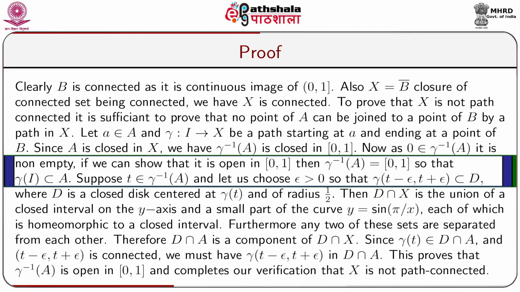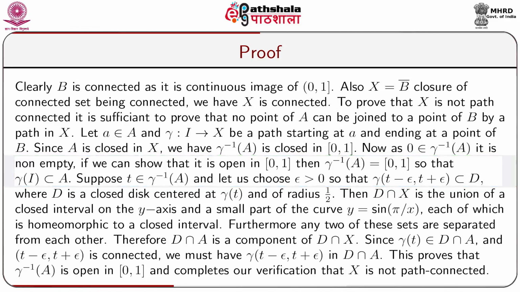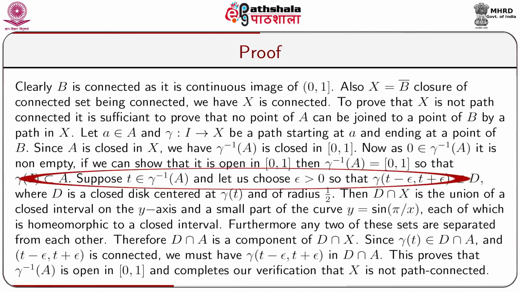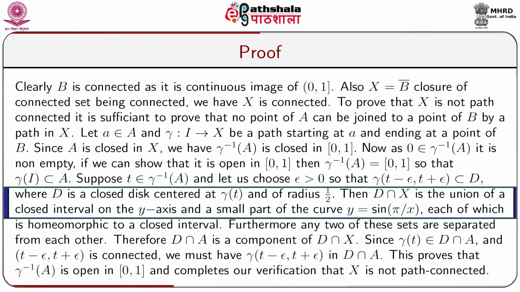If we can show that it is open in the closed interval [0, 1], then gamma inverse of A is equal to the closed unit interval [0, 1], so that gamma(I) is contained in A. Suppose t belongs to gamma inverse of A, and let us choose epsilon greater than 0 so that gamma of (t minus epsilon, t plus epsilon) is contained in D, where D is a closed disk centered at gamma(t) and of radius half.